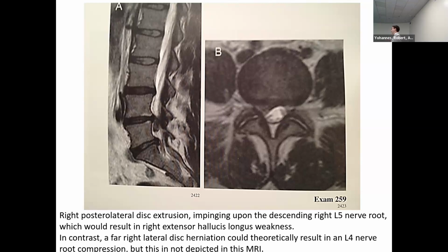This is the type, as you remember, that impinges on the nerve root below. Okay? So in this case, we know that the culprit, the problematic disc that needs to be operated on, is this one. Why? Because if the patient has a drop foot, we'll see in a moment that L5 will cause a drop foot. Now, who impinges on L5?